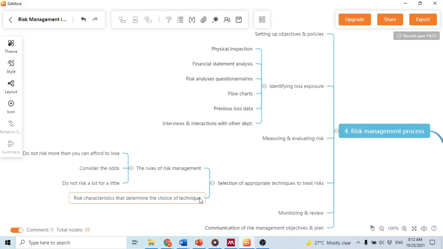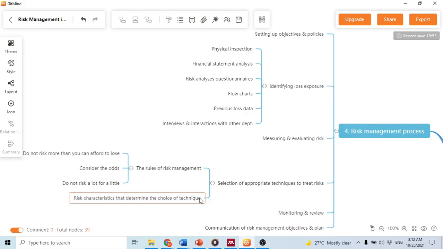High severity means, for example, the cost of having that kind of risk is very high, but the frequency of it happening is very low. For example, being admitted to hospital. The cost we will incur when we are admitted to a private hospital is very high, but the frequency is very low.